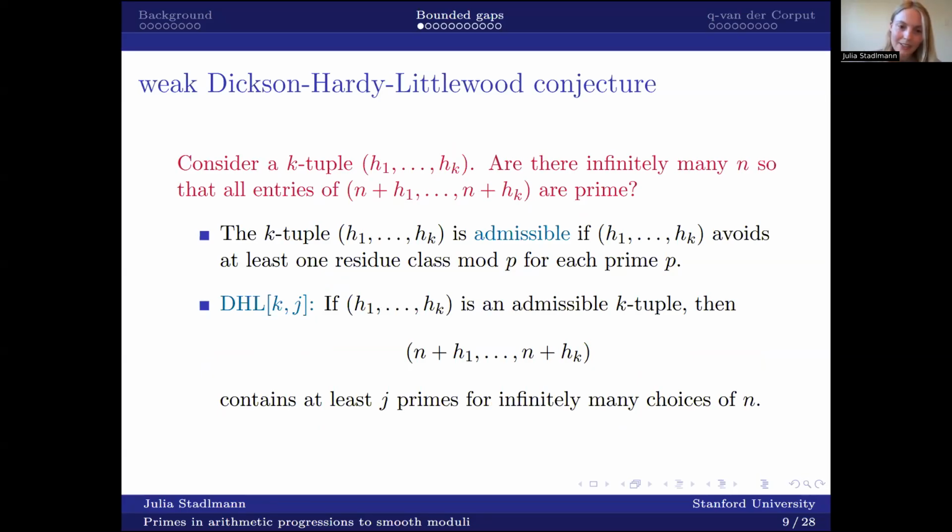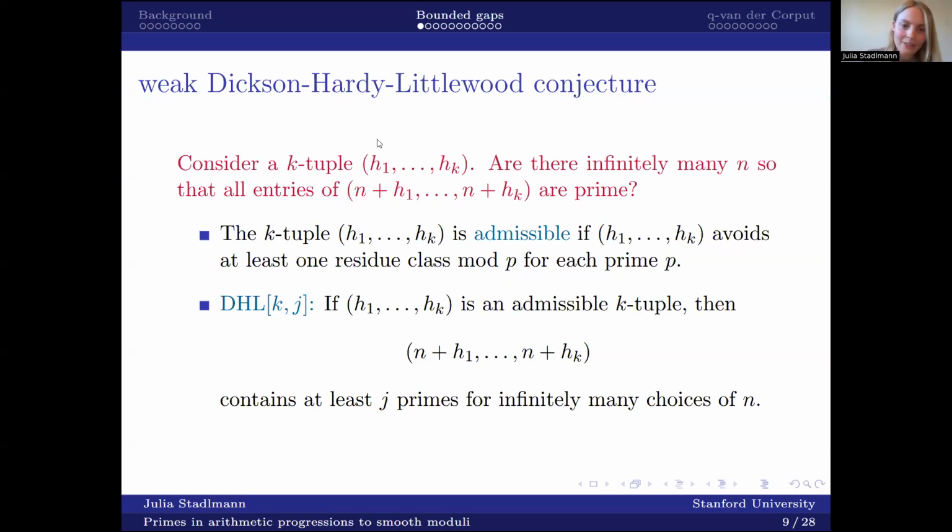And it turns out bounding the infimum of the gaps between n+1 primes is very closely linked to the Hardy-Littlewood conjecture. So if we look at the tuple h1 up to hk, we ask, is it the case that for infinitely many shifts n, all the entries of n plus h1 up to n plus hk are prime?